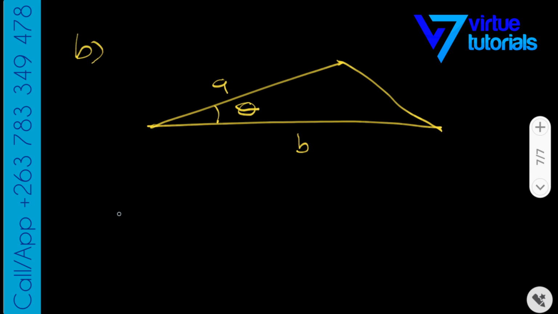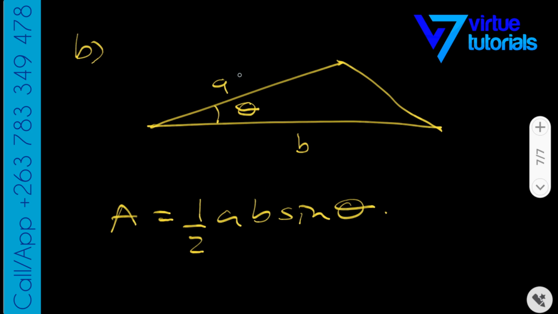In such a scenario, our area is given by half times A times B times sine of theta. So half times the length of that side times the length of that side times sine of the angle between the two sides. There are two formulas for the area of a triangle. Use the one applicable depending on the question.